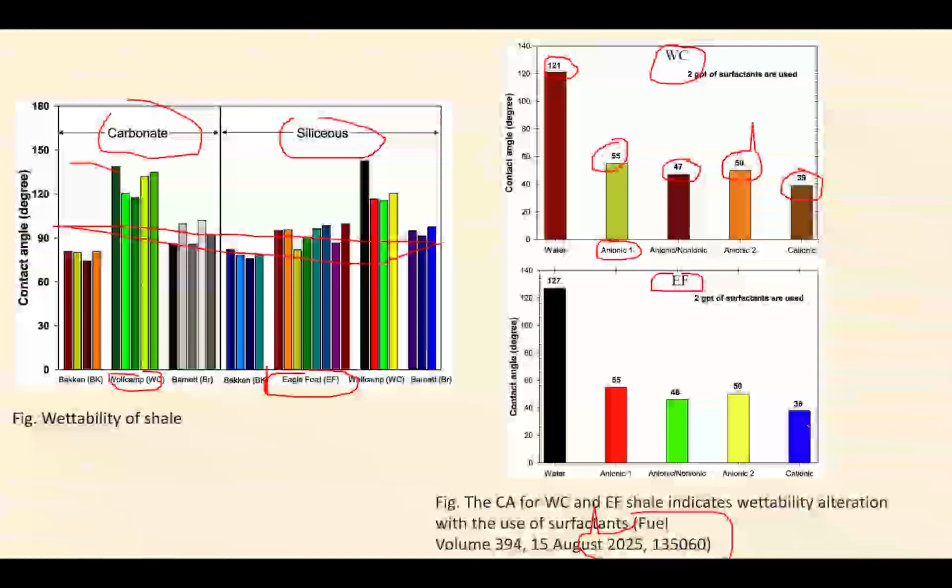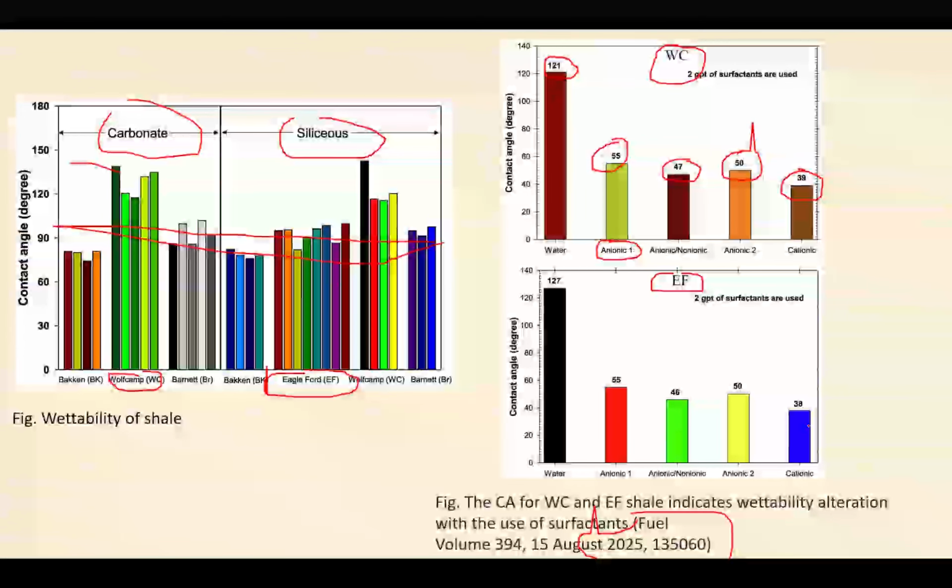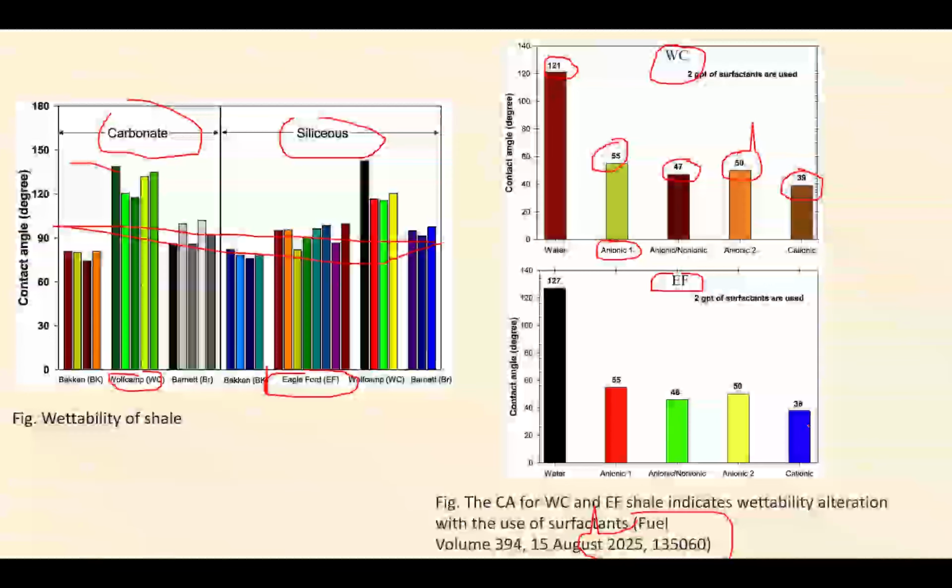So here you can see that the selection of the surfactant is very important, and particularly interesting. Significant lab study is required to get a proper understanding and proper screening of the surfactant so that we can get the maximum benefit.